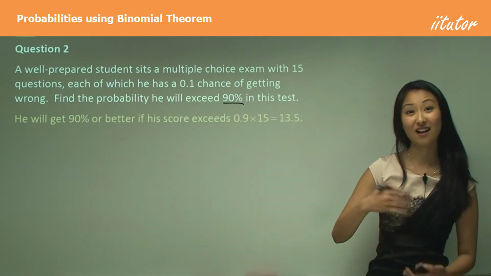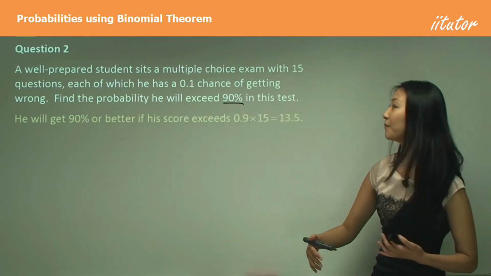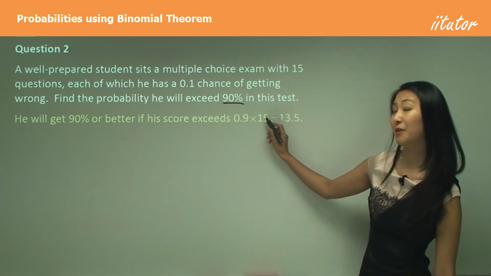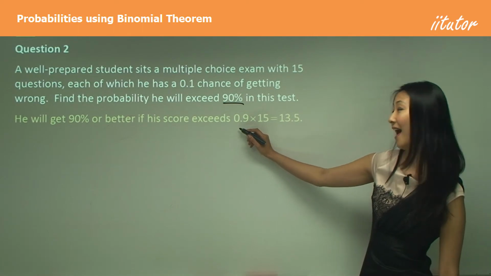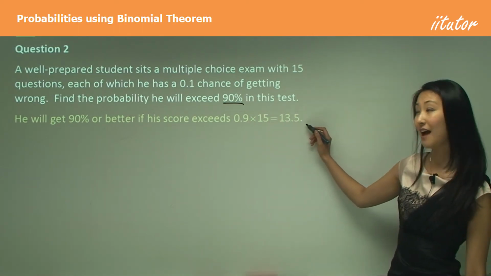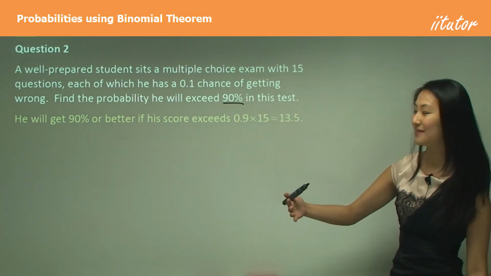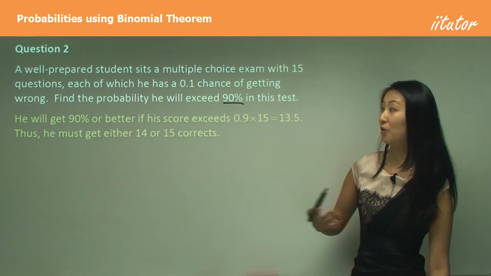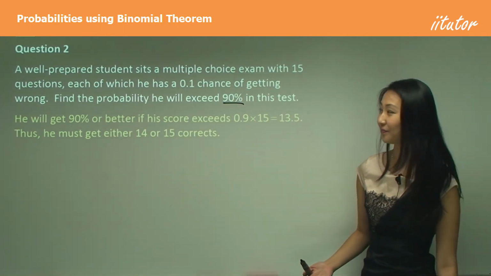So to get 90% or better, you have 15 questions altogether, so you multiply by 90%, and that gives you 13.5. So to exceed 90%, he has to either get 14 or all of them right, so 15 right.